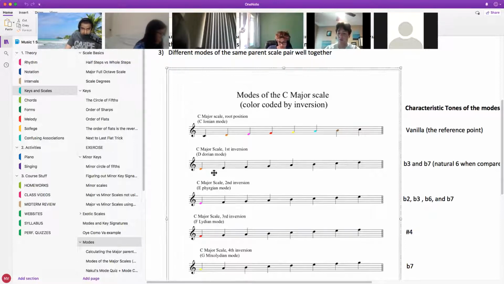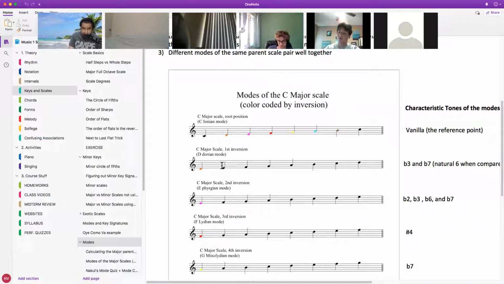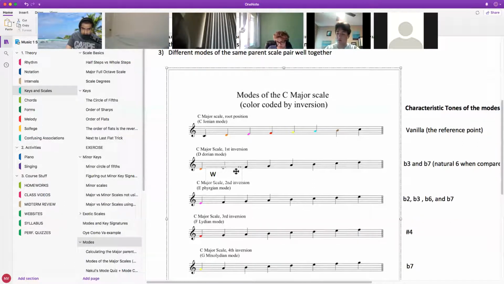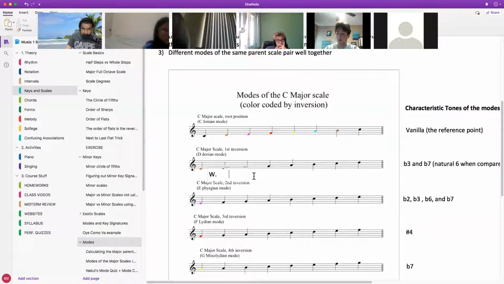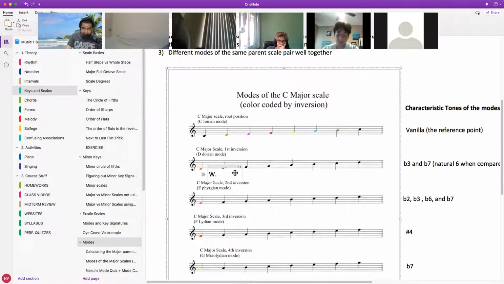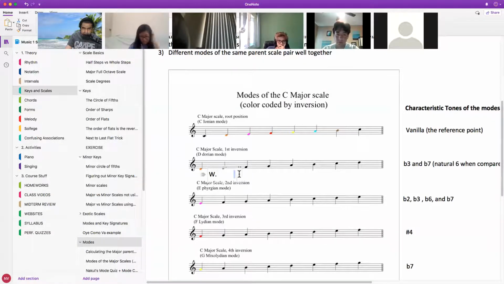In other words, we can classify all these modes as having certain intervallic combinations. So D to E would be a whole step. E to F would be a half step.